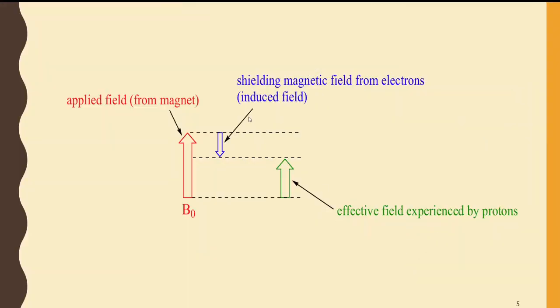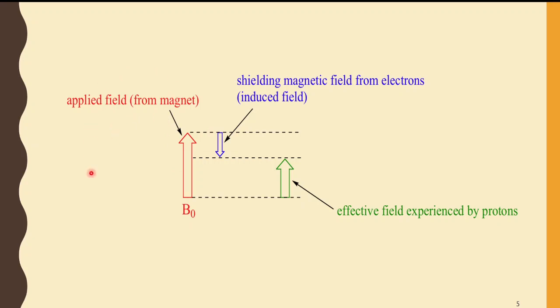So you have the field from the magnet, and then the shielding from the electrons, giving the effective field experienced by the protons. This cartoon diagram shows that because of the electronic neighboring, different atoms experience a different effective field.